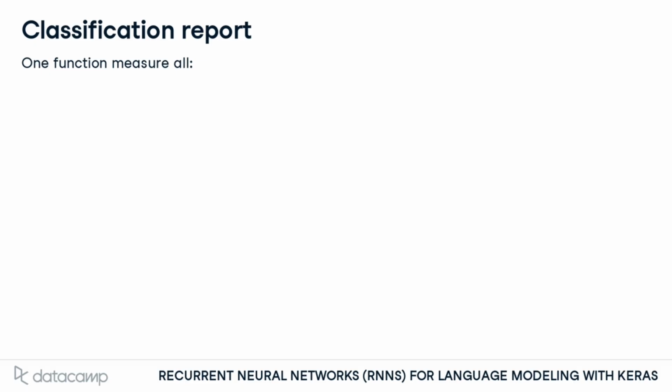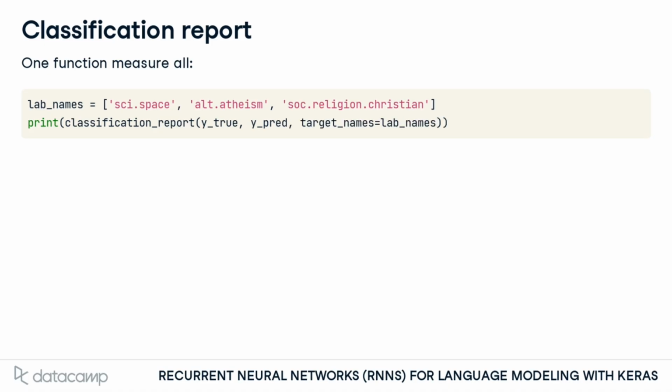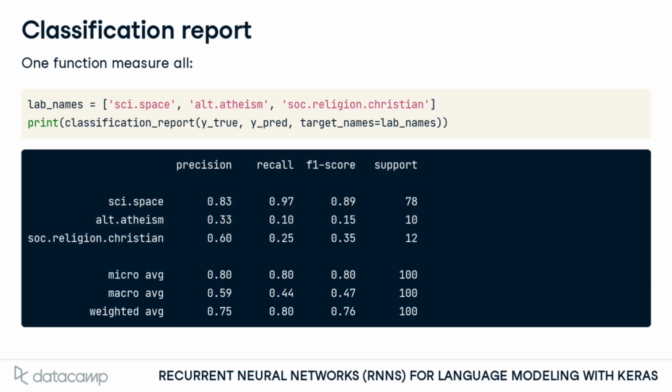All those metrics can be computed in one function, the classification report. This function can receive the parameter target names with the class names for better printing. The output is a formatted string with precision, recall, F1 score, and support for each class. Support is the number of observations of the class present in the data.